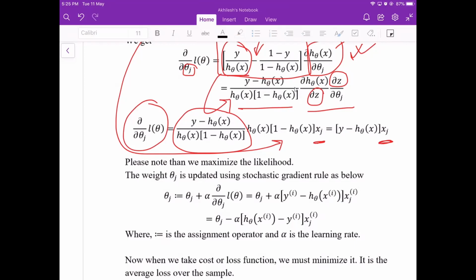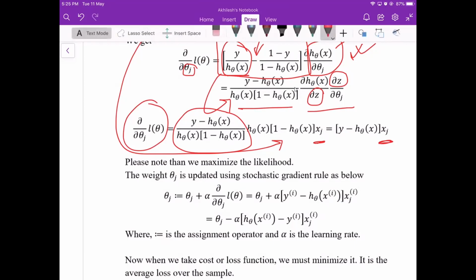So the weight theta is updated using a stochastic gradient rule as below: theta j, the new, equals the old plus alpha into the derivative of this likelihood, and colon equal to is just the assignment operator.